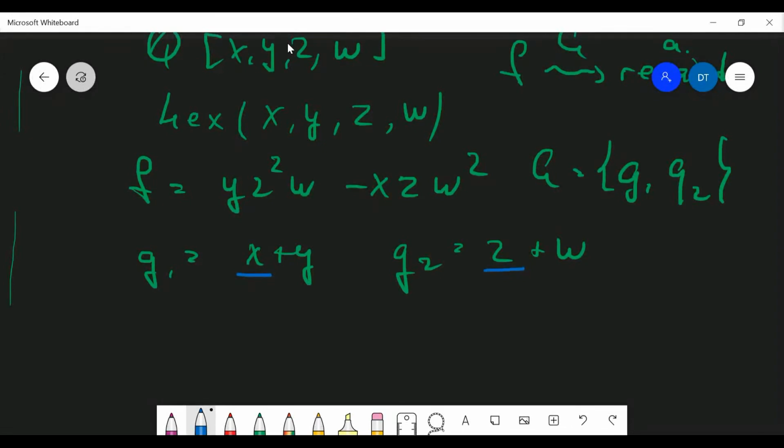Now, if we want to find a remainder, we need to find an elementary reduction of f with respect to some of these polynomials, either G1 or G2. In order to do that, we need to find all the monomials here divisible by the leading monomial here. So if you want to reduce f with respect to G1, you need to find inside f a monomial divisible by x, and you have only one option. It's this guy.